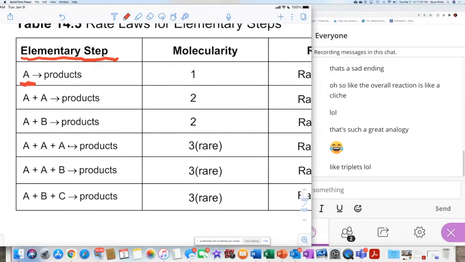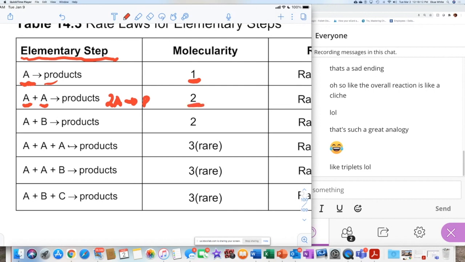So when you have only one reactant forming products, like a decomposition reaction, that's just one molecularity. Here you have two of the same reactant, two molecules required to form a product. So this can be written as 2A to form a product.